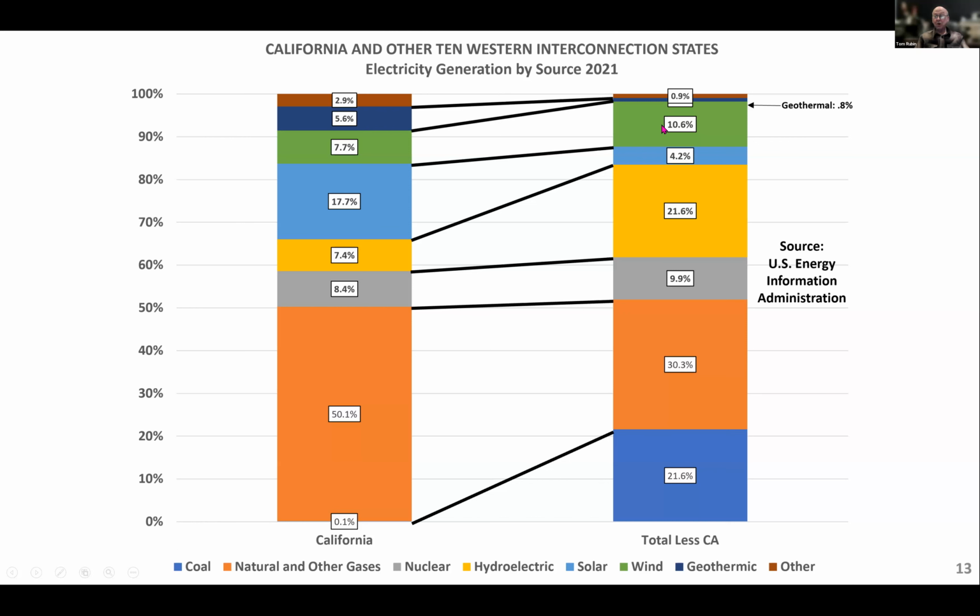Other states are bigger on wind, and there are some advantages and disadvantages, but here in California, we've been emphasizing solar, and that has a lot of implications, and we'll get into it. And we have fairly significant geothermal in California, which the others don't have, and then all else combined, we're a little bit higher.